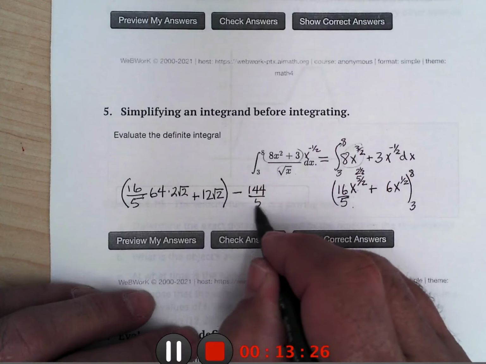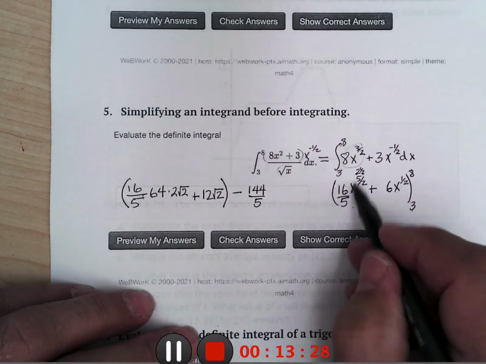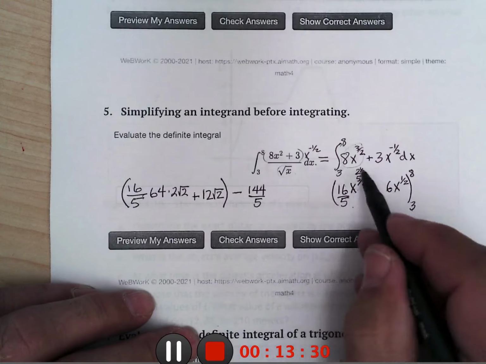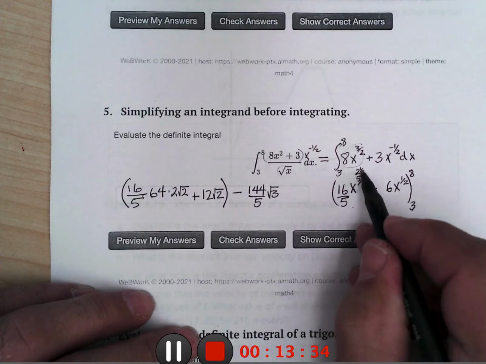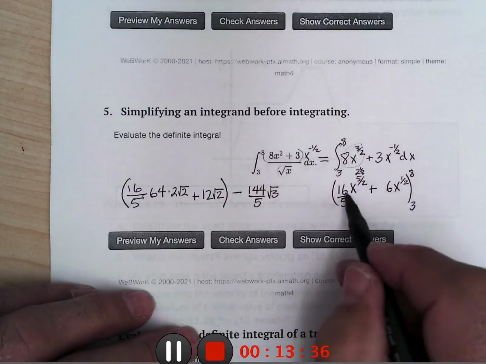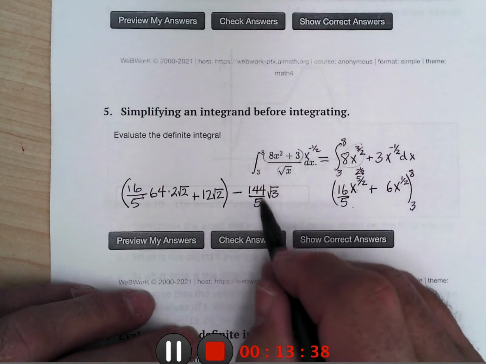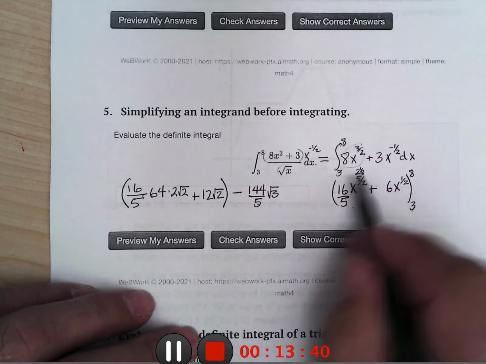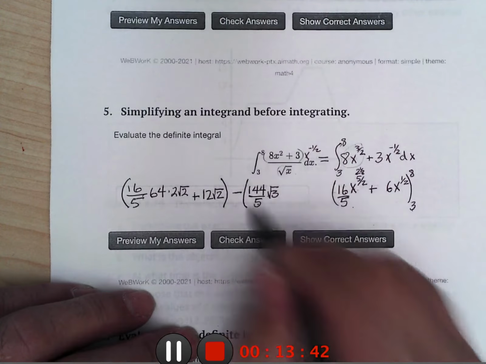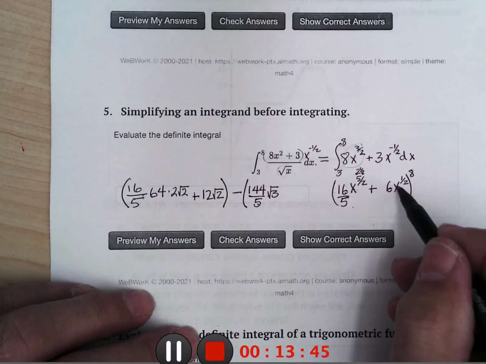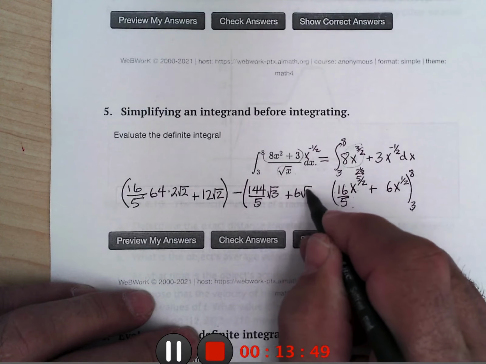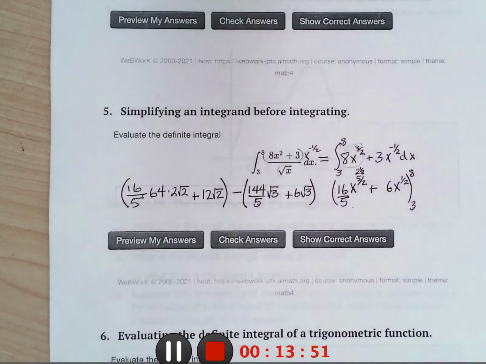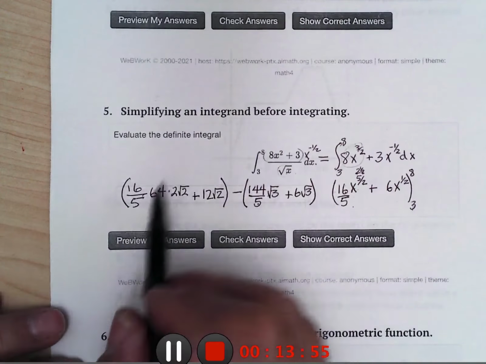That's 3 squared is 9 times that, times the square root of 3. So 9 times 16, 144 over 5 times the square root of 3. And then I put it in here, and that's plus 6 square roots of 3. That's the exact answer. I could multiply the 16 times 64.